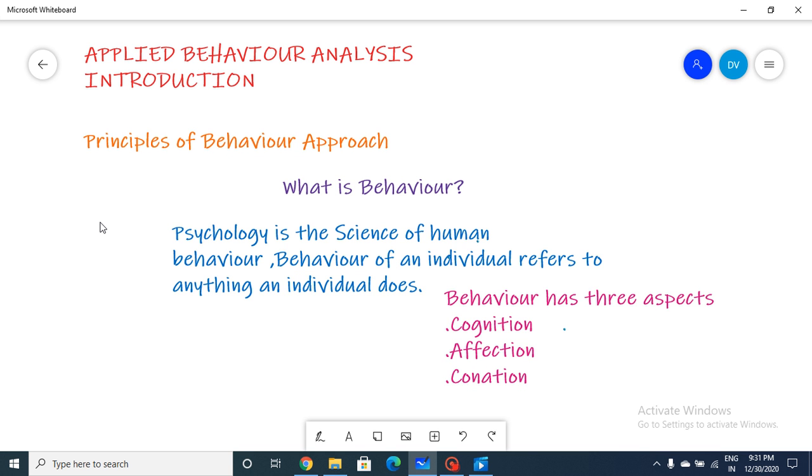Here, a behavior refers to anything an individual does. And coming to ABA, we refer to behavior as something measurable and observable. So the behavior has three aspects: cognition, affection, and conation.